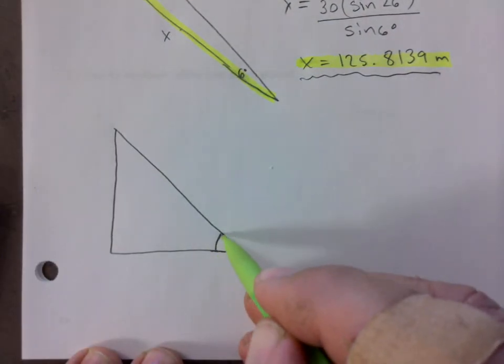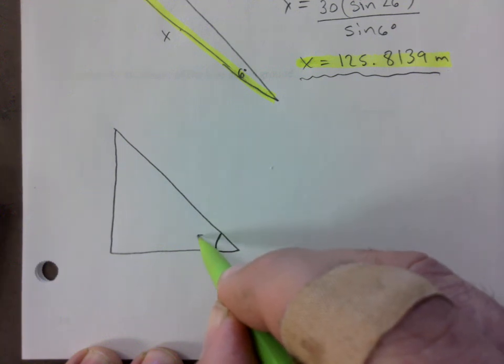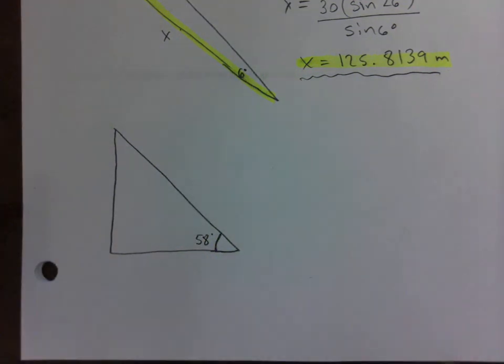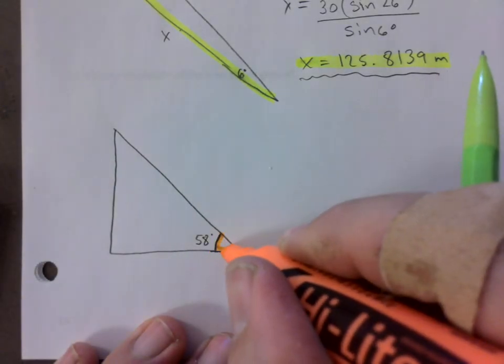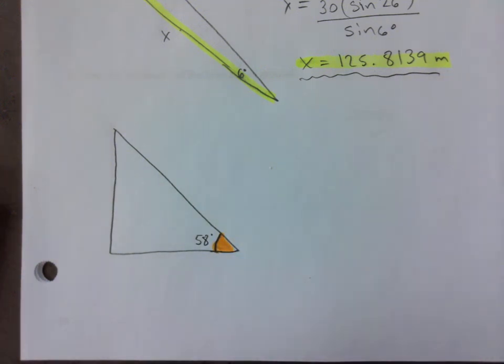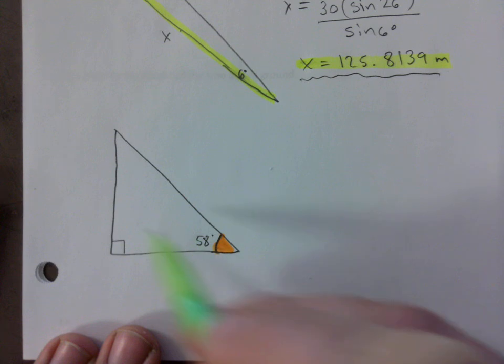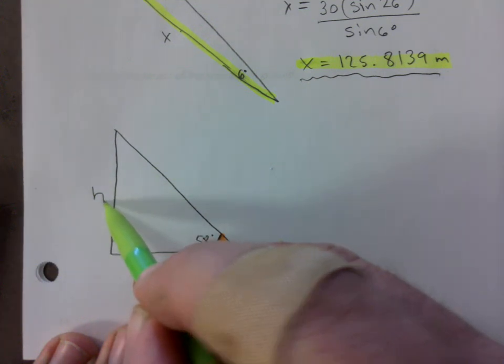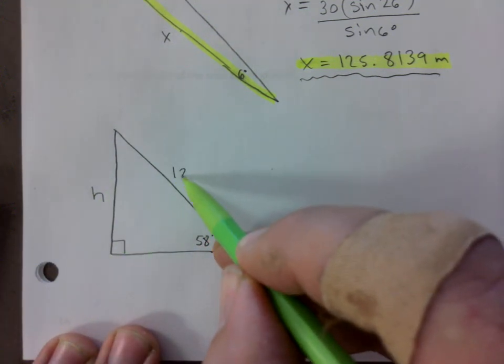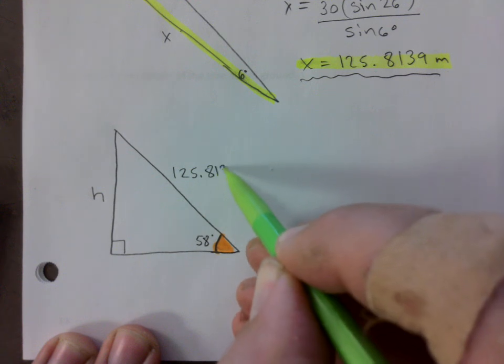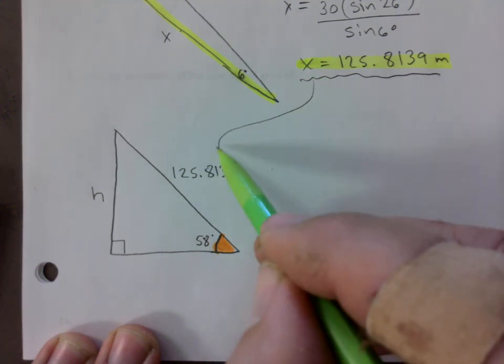What's this one here? This is 58. It's that orange one. Yeah, I feel the same. 58 over h. I know this side. This is 125.8139, the one I just found.